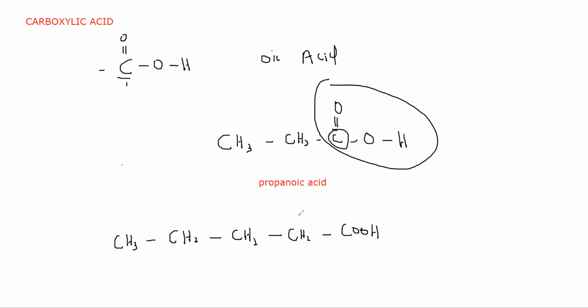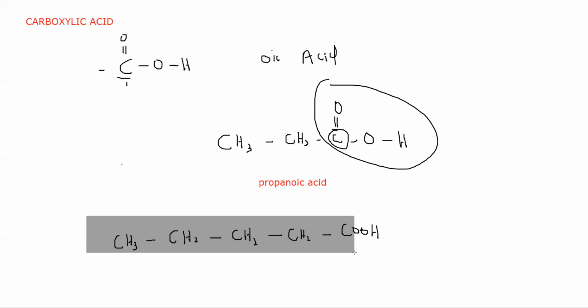How many carbon atoms are there? So for 5, include that one as well. For 5, we call it pent, because of 5, single bond an, and due to this functional group of COOH, we call it oic acid. So it is pentanoic acid.